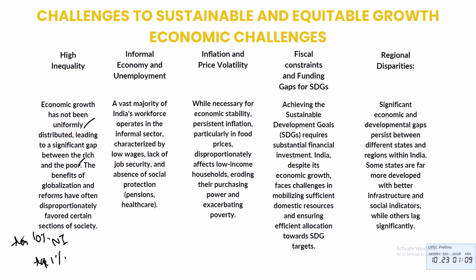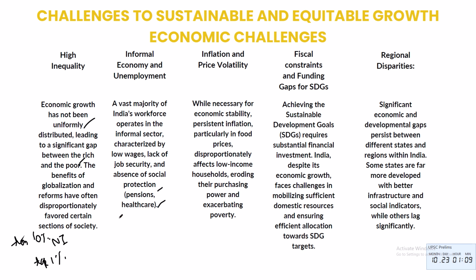Next one is informal economy and unemployment. A vast majority of India's workforce operates in the informal sector, characterized by low wages, lack of job security, and absence of social protections such as pensions and healthcare.